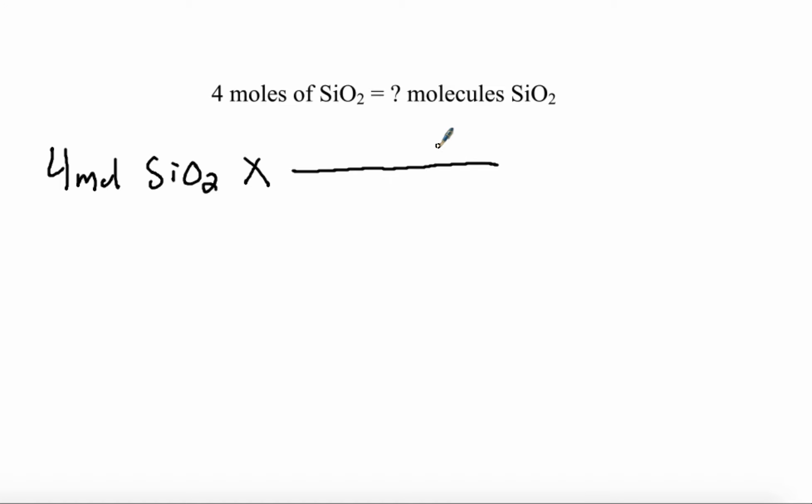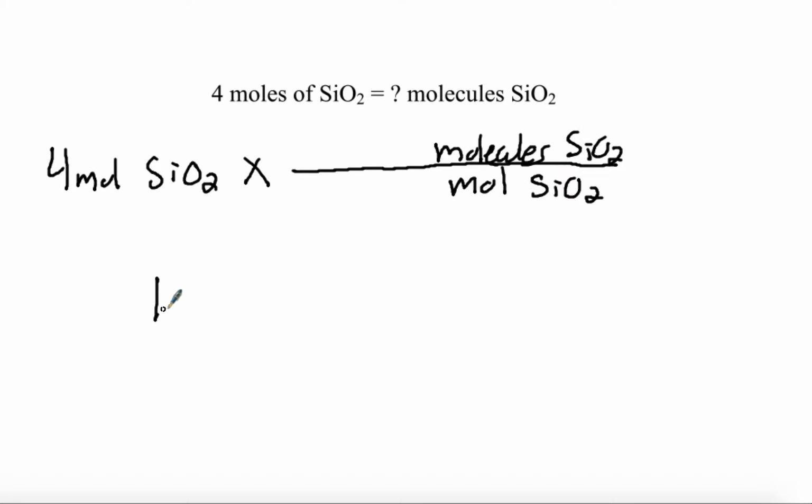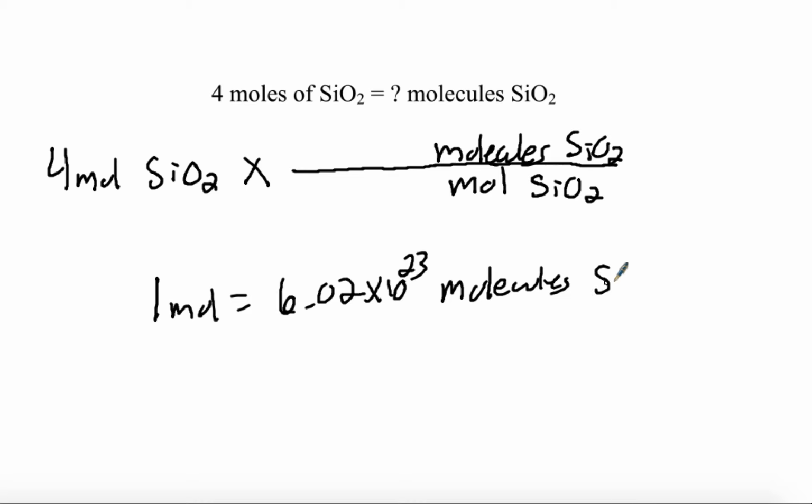Okay, so I want molecules of SiO2, and I have moles of SiO2. Again, we want to make sure that we are labeling the substances here. It's just a good habit to get into. So once again, 1 mole is equal to 6.02 times 10 to the 23 of anything. So here it'll be molecules of silicon dioxide.